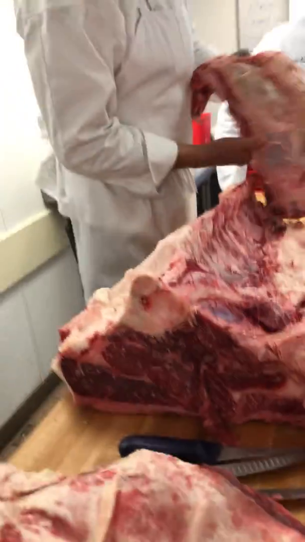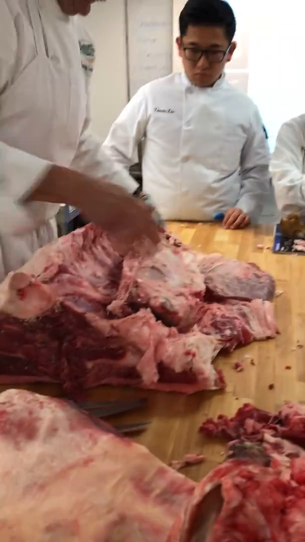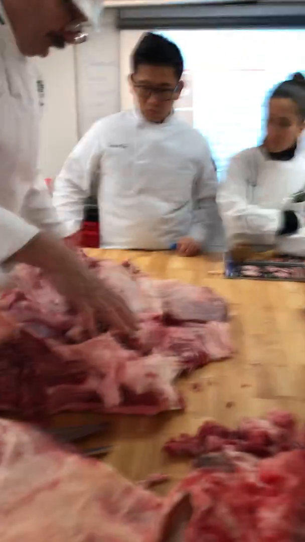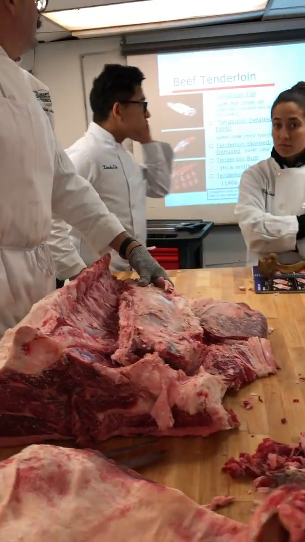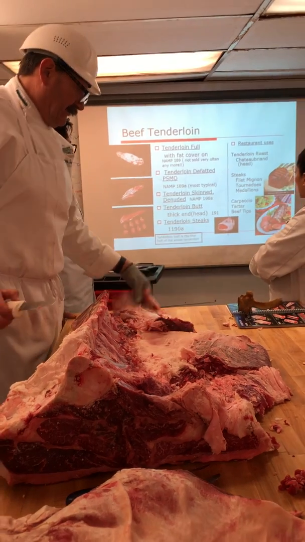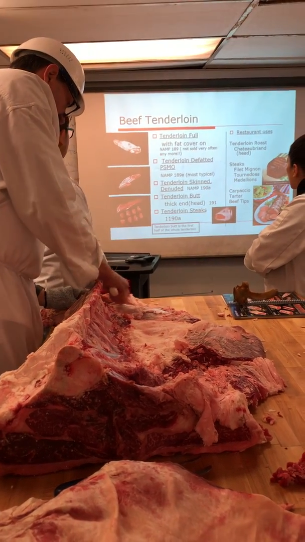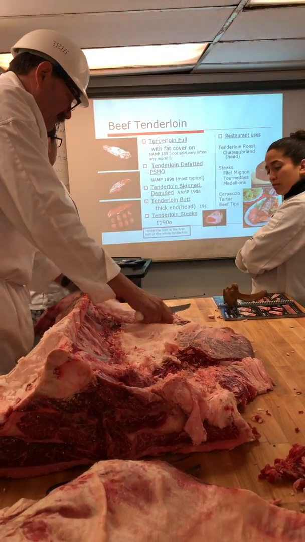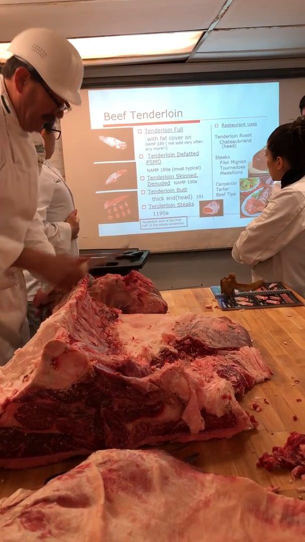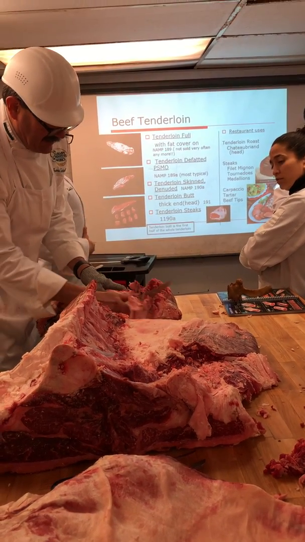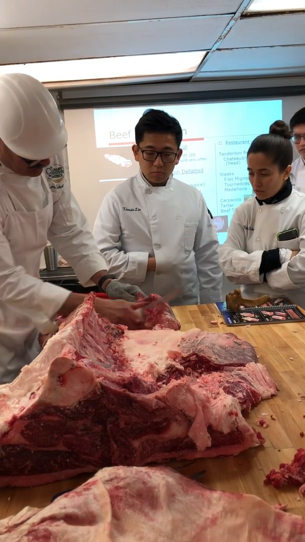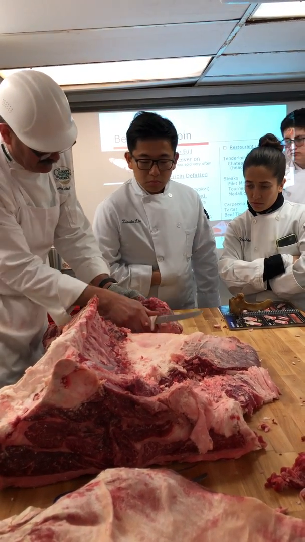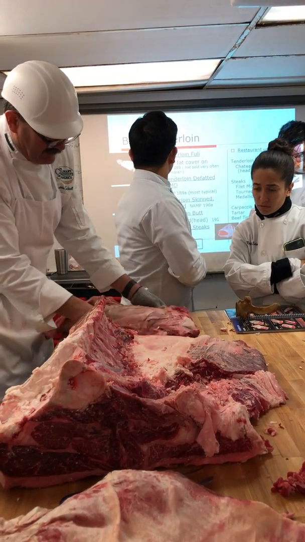And this tenderloin is now what we call a Pismo tenderloin. If you look up here, it says tenderloin full and then tenderloin Pismo. Pismo stands for peeled, in other words, defatted, side muscle on. All right, so we're going to push this off a little bit more.